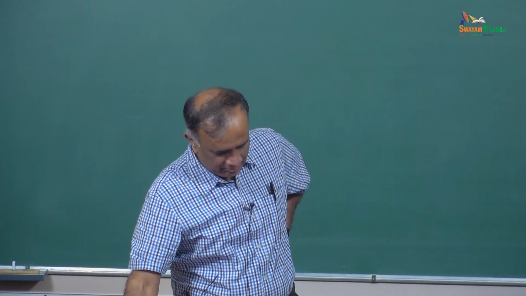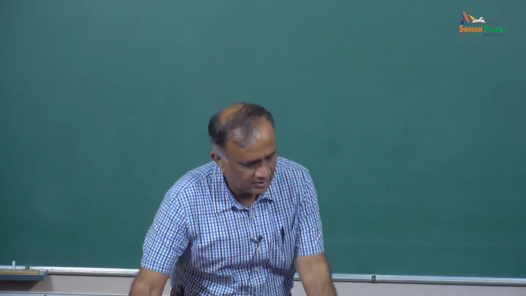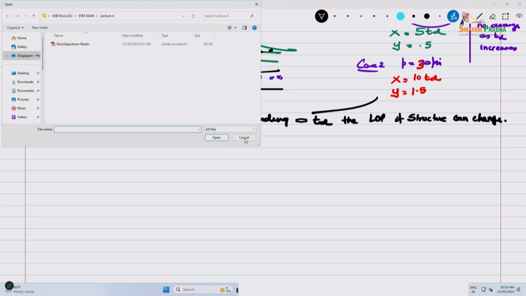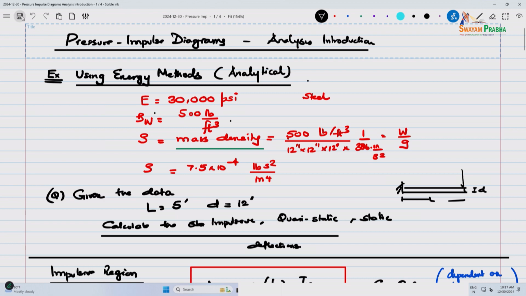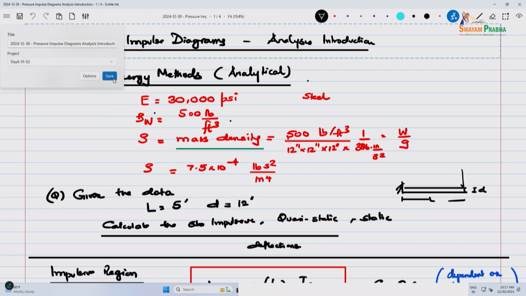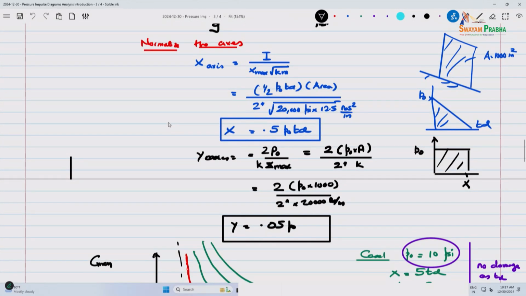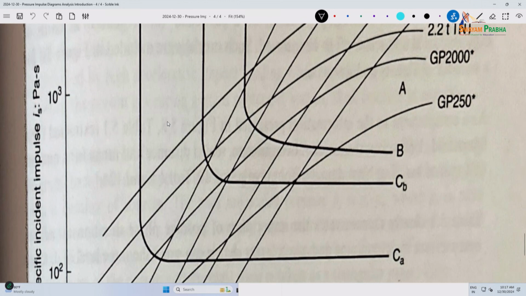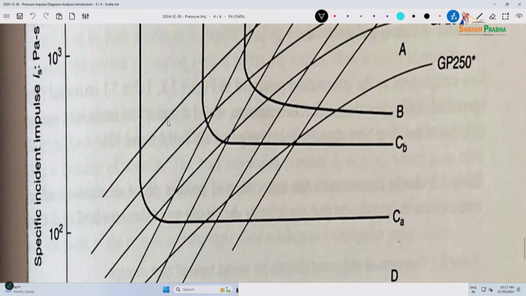So as an example, if you see here, this is specific incident impulse.